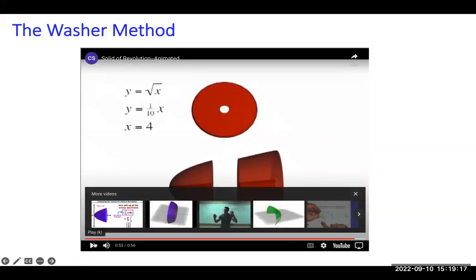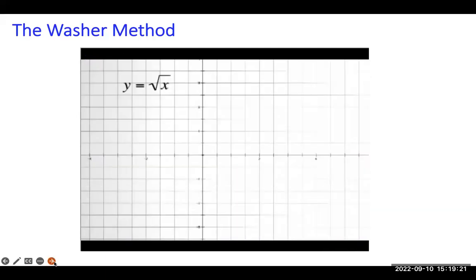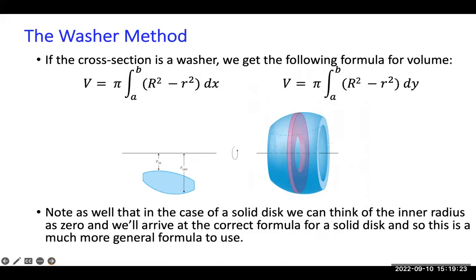Okay, so let's look at an example. For all of these moving forward, when you're trying to find the volume of a solid of revolution using either the disk or washer method, we have to ask ourselves, is the region that we're rotating fully solid, or is there a space in between the region and the axis of revolution?